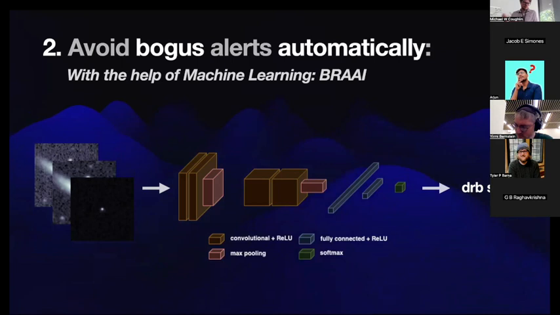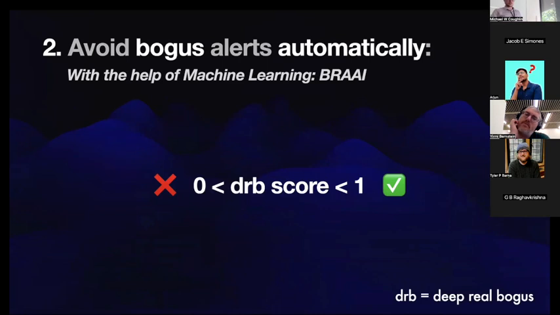The idea hopefully is straightforward enough: you take a set of classified bogus alerts, you take a set of classified real transients, and you create a classifier to try to remove the bogus. The score in our alert packets varies between 0 and 1. As the score gets closer to 0, it's more likely an artifact. As it gets closer to 1, it's more likely real.